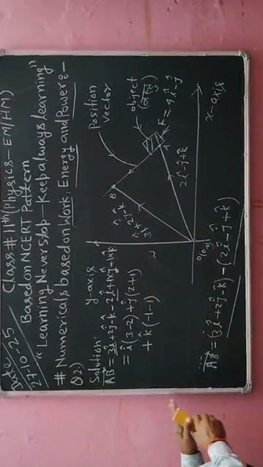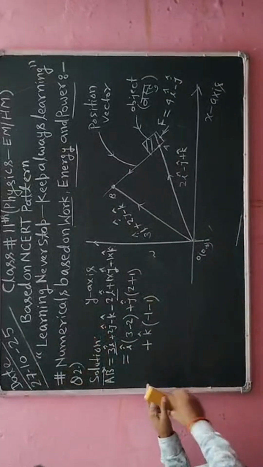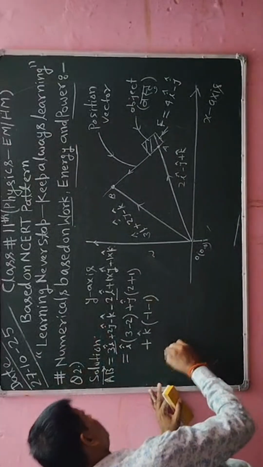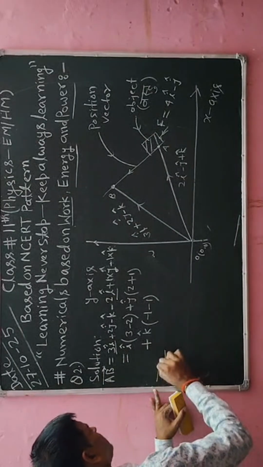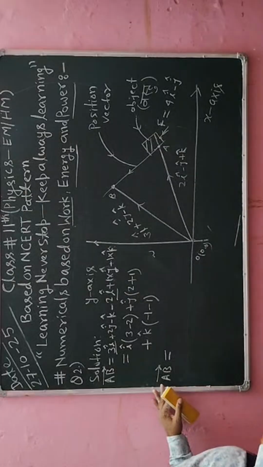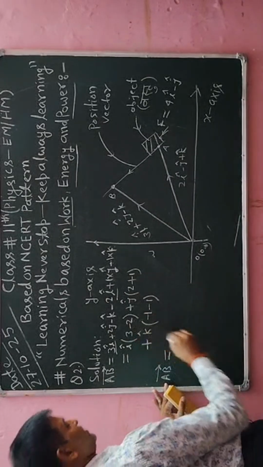Now further below I will erase the data, and above I will simplify it. On the left hand side I will write vector AB, that is the displacement vector. Here I will subtract 2 minus 1, that will be 1.